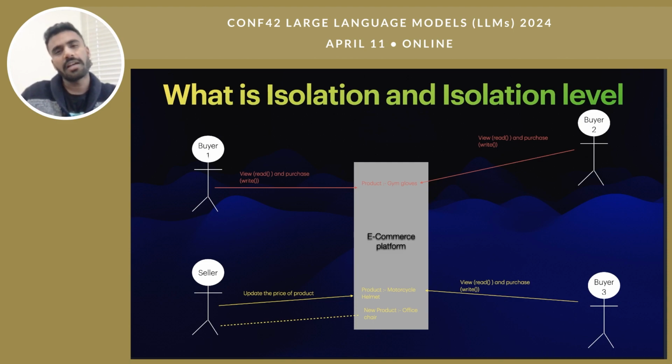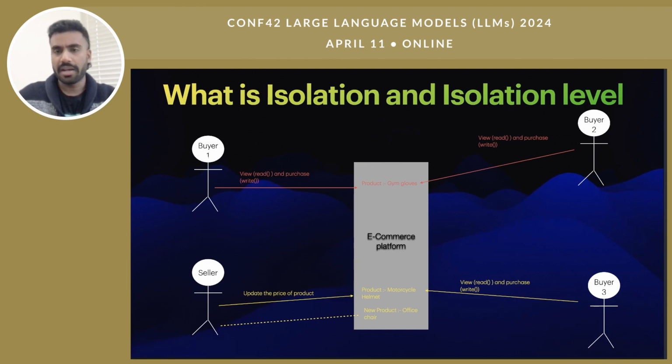Isolation means that a transaction should take place in such a way that it is the only transaction accessing the resources in the distributed system. Like I mentioned earlier, many of us are trying to access these systems. Take this e-commerce platform example: some users are trying to purchase items. Buyer one is looking at all the products, and buyer two and buyer three are also looking at some products.